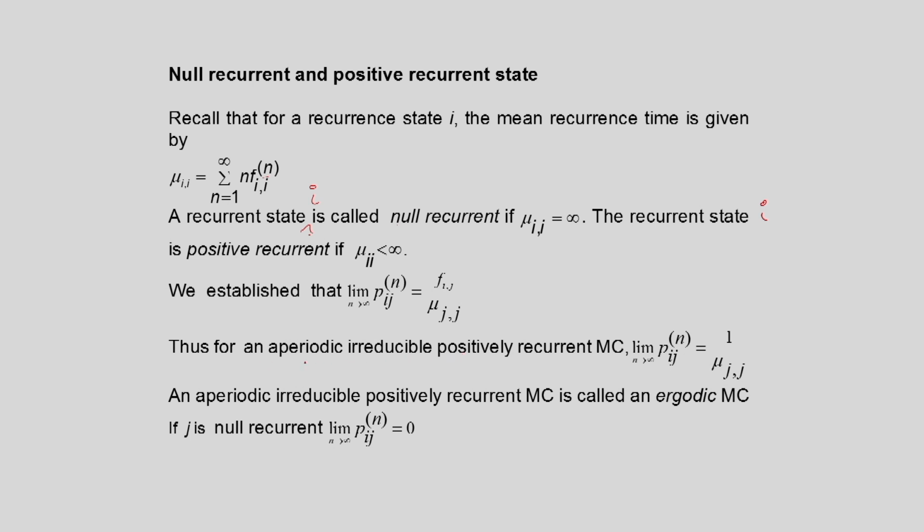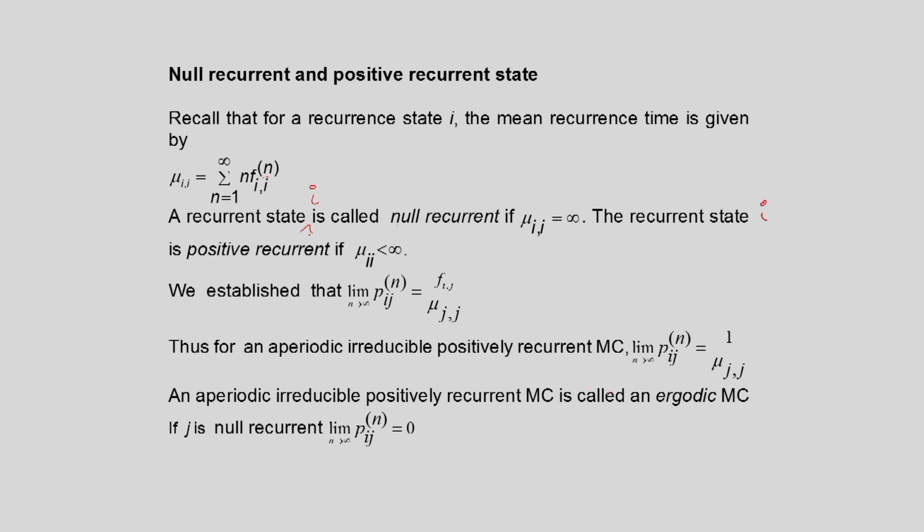If one state is aperiodic, all other states will be aperiodic, and all states communicate with each other. And positively recurrent means we are assuming that this quantity is less than infinity. In that case the limit as n tends to infinity of Pij^n is equal to 1 by mu jj, since Fij is equal to 1.